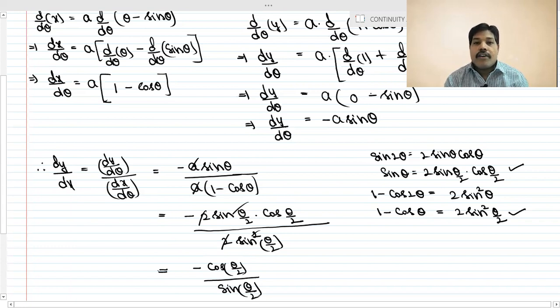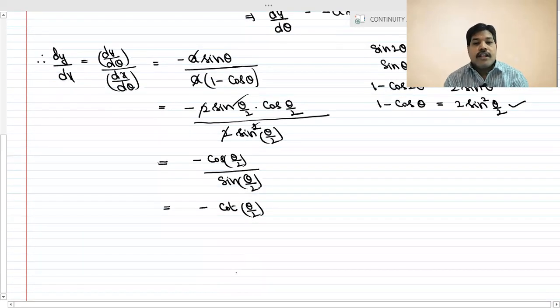What is the sine theta half angle formula, students? 2 sine theta by 2 into cos theta by 2. What is the 1 minus cos theta formula? 2 sine square theta by 2. So 2 will be cancelled, and sine theta by 2 and the square will be cancelled. So finally you will get minus cos theta by 2 by sine theta by 2. So the final answer becomes minus cot theta by 2.